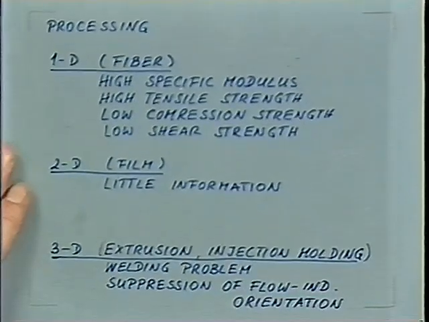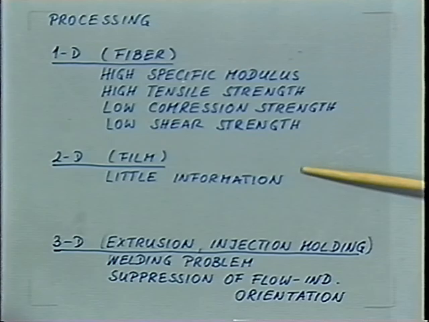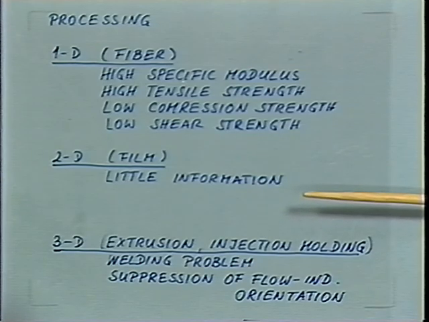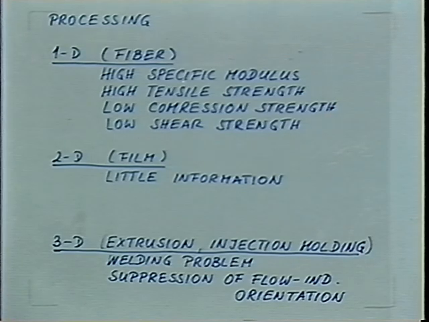In two-dimensional processing, like in film blowing, blow molding, or in the squeezing experiments which you saw, we have little information about the usefulness of those materials, but you saw that the molecules don't know where to go in a planar structure as compared to the fiber.